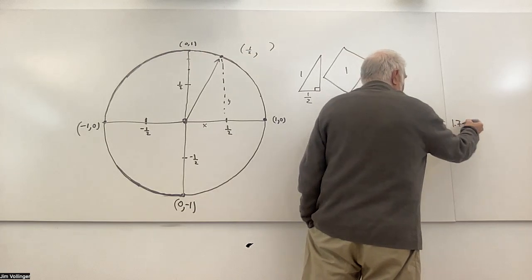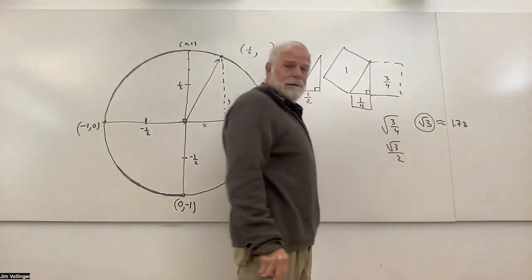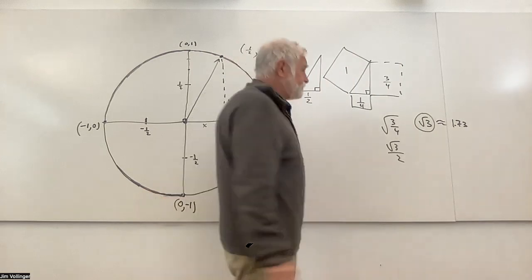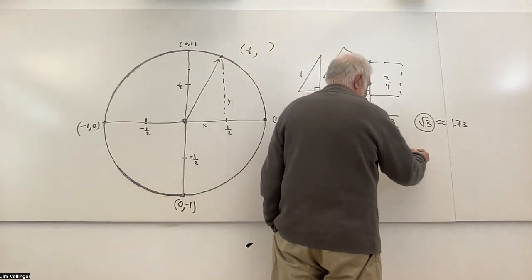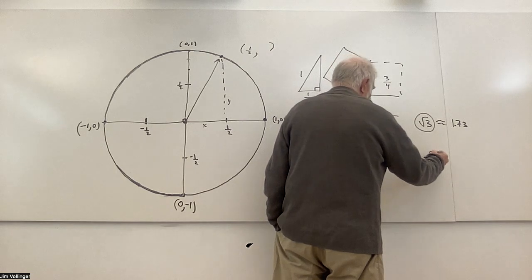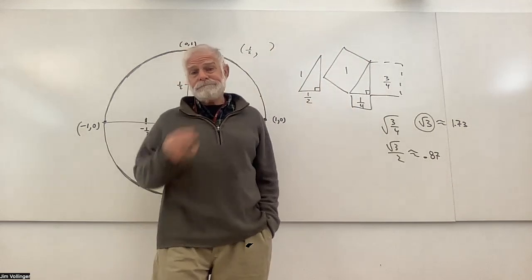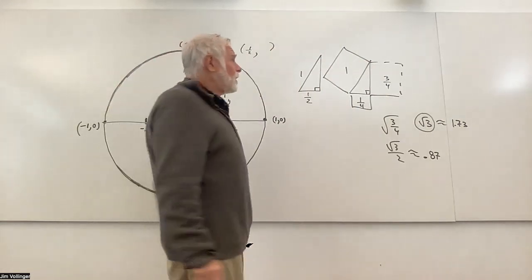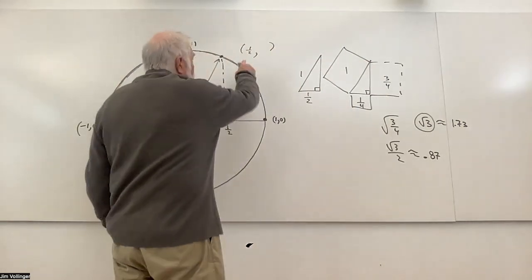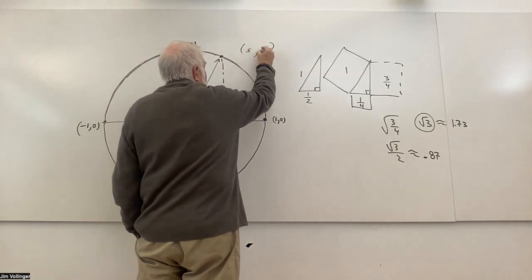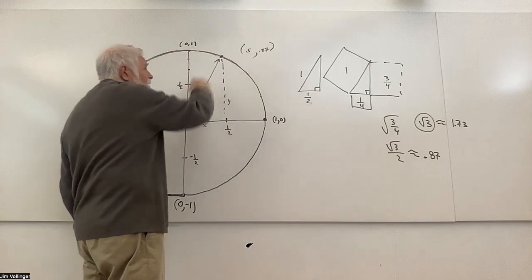It's approximately 1.73. And if you cut that in half, that's on the memorization sheet. I'm saying, hey, you ought to know that that's 0.87. Yeah, so I guess we're 1/2, 0.5, 0.87. We're in that territory.